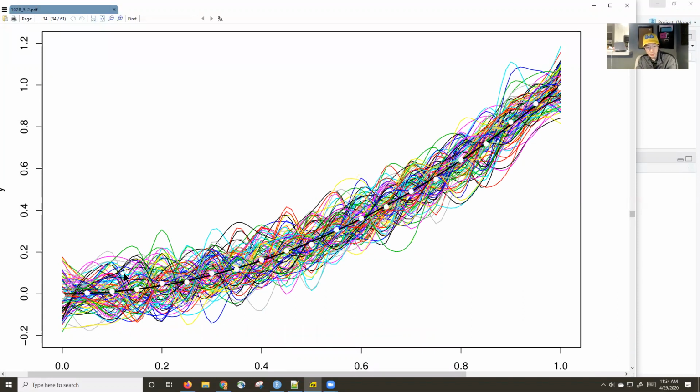What's going on is I've got 100 different random samples of data, and for each random sample of data, I fit a Loess curve. That Loess curve overfits the values a lot, and so we have a ton of variation, right?